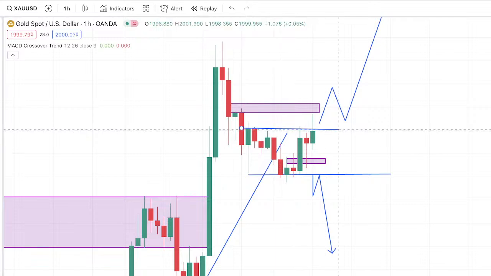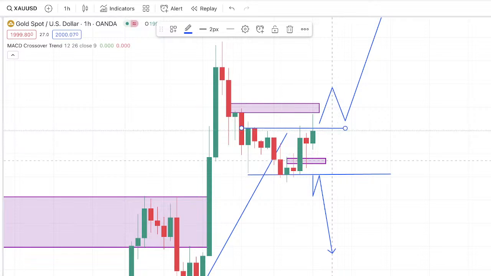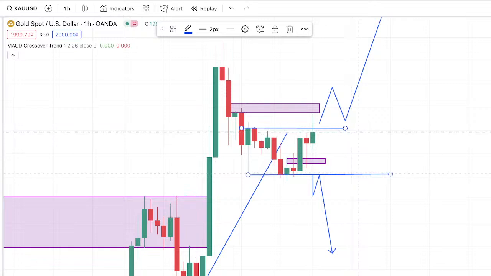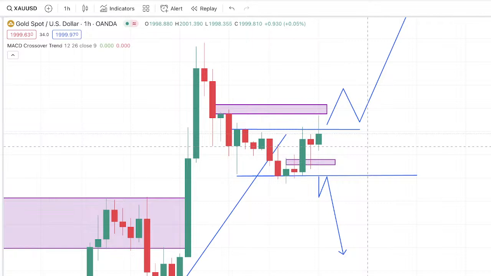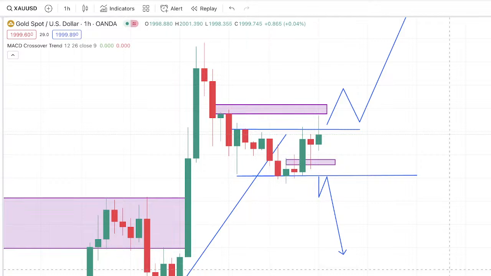Yeah, it's going up quick. In an hourly time frame, it's less noise, so you can see more clearly what is going on.